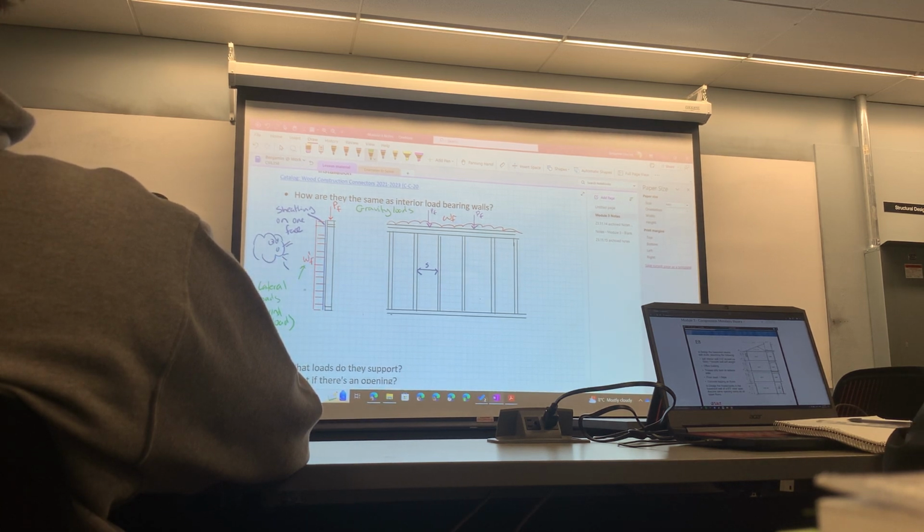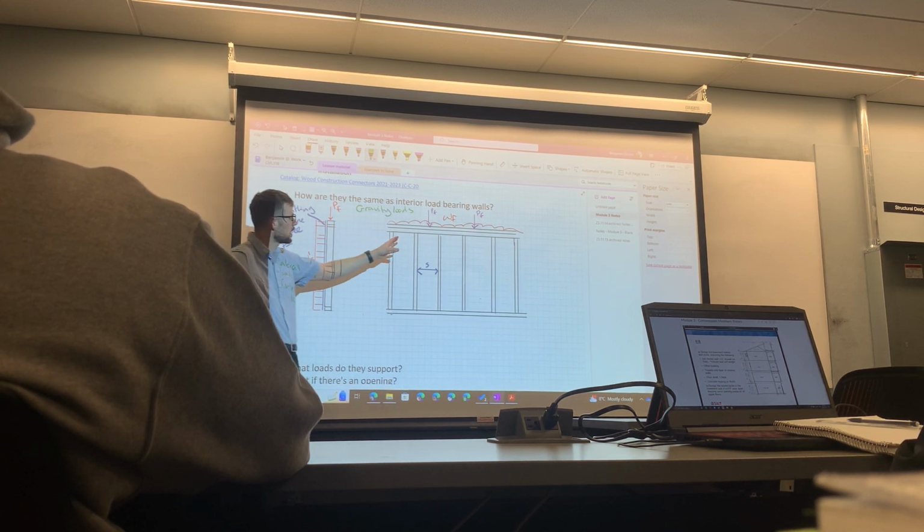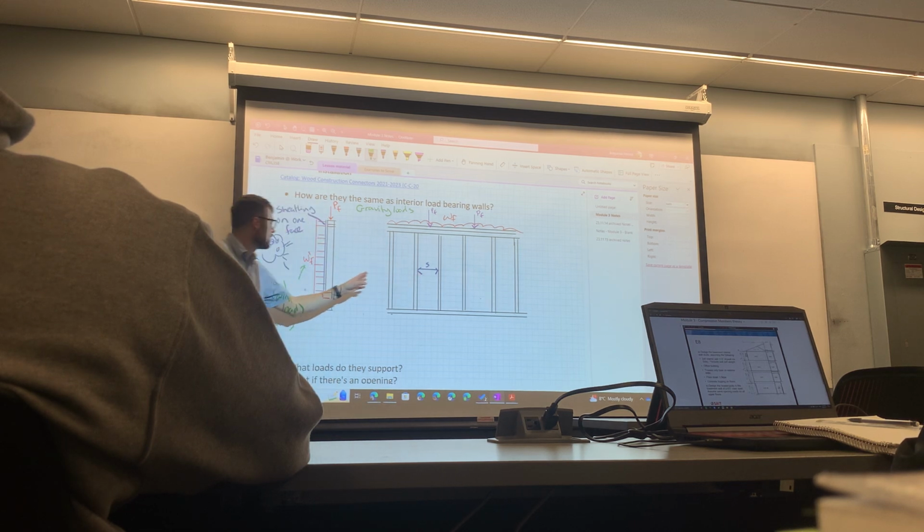Hopefully at the end we'll get to talk a little bit about shear walls, and then you'll see some OSB on the inside. But OSB sheathing really makes it complicated to add things like light fixtures, light switches, and wall penetrations. Gypsum wallboard is a lot more flexible. So we try not to add OSB on the inside. It's more the exception, not the rule, but definitely on the outside it's mandatory.